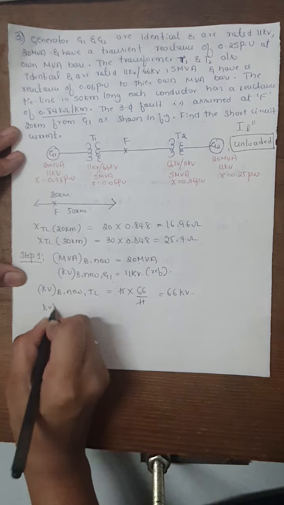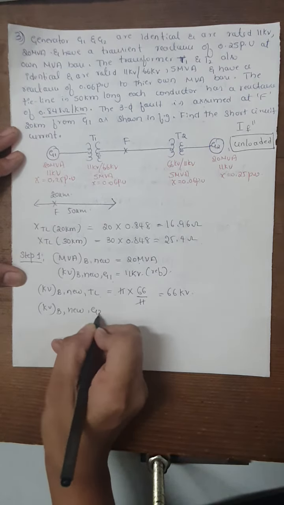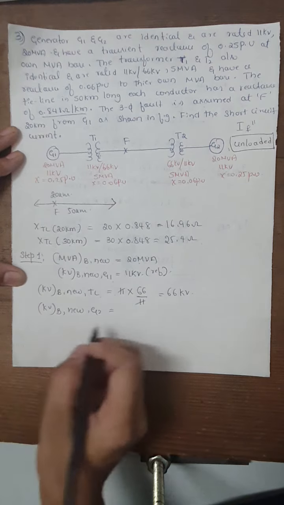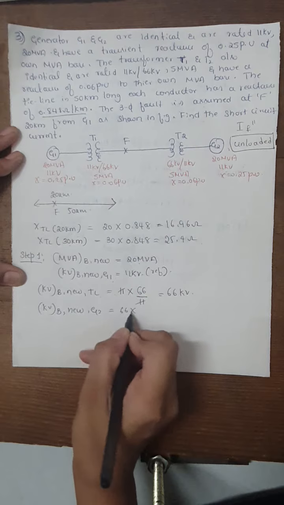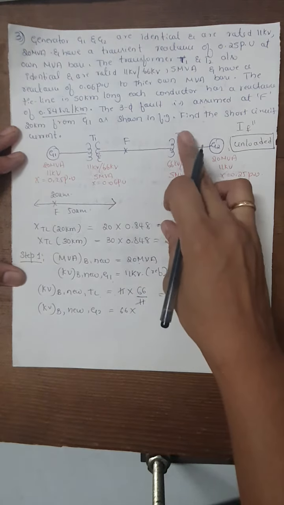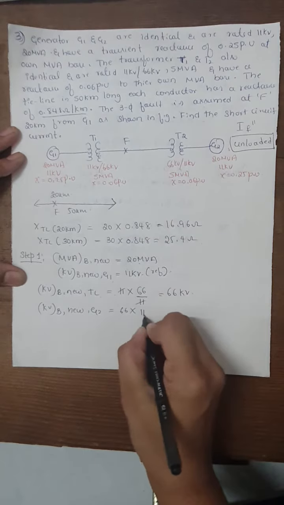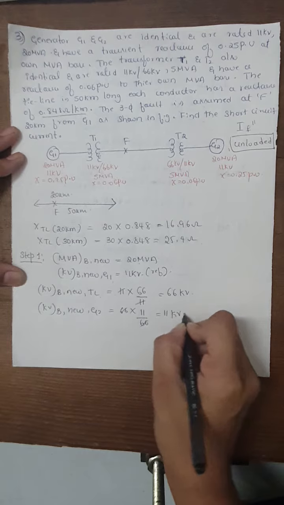Then similarly for generator 2, use the LT section formula. Kilovolt base on the HT section, that is the transmission line 66, multiplied by low voltage by high voltage of the T2 transformer rating. Low voltage is 11, high voltage is 66, so you get 11 kilovolt.